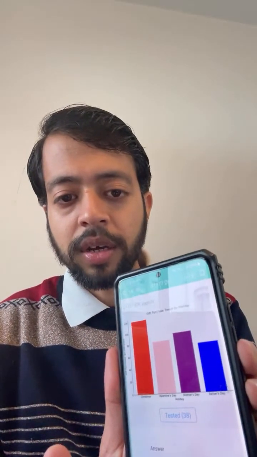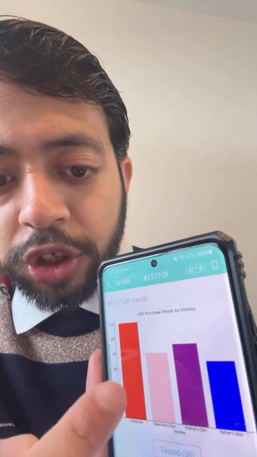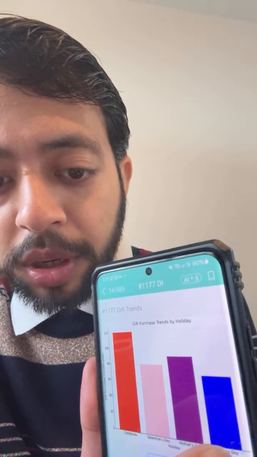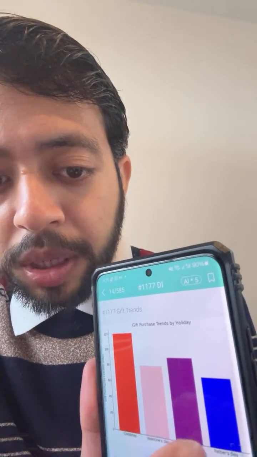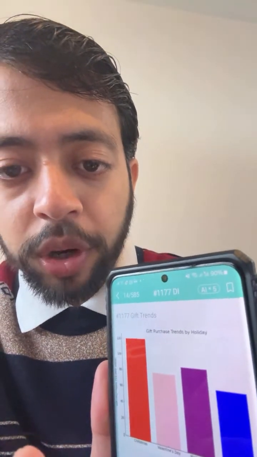This is a bar chart with four bars of different colors: red, pink, purple, and blue. These are showing different data points. I am going to read them and then, of course, I will talk about them.